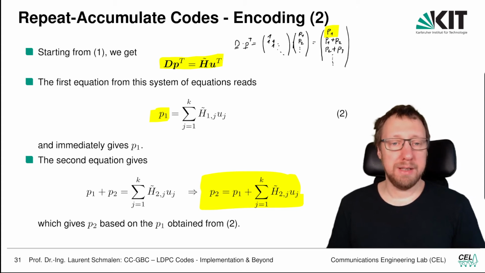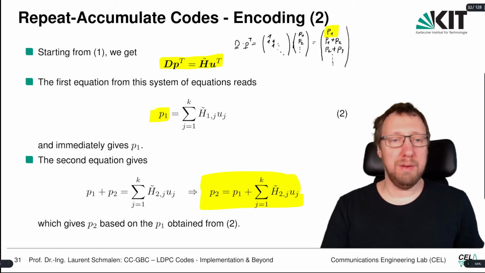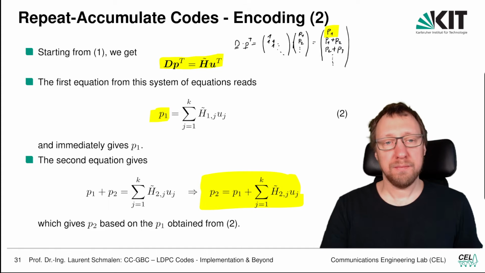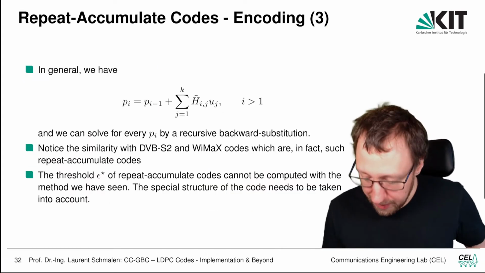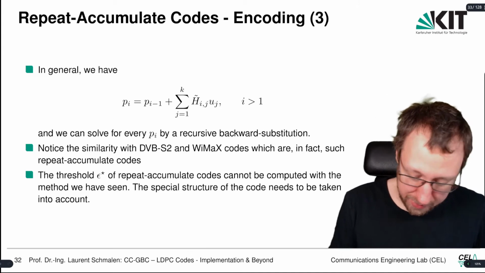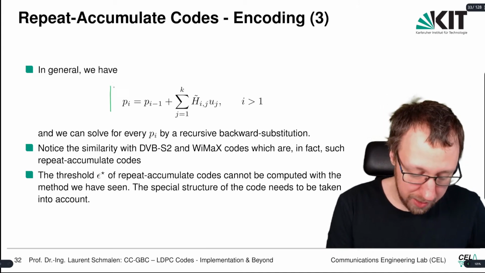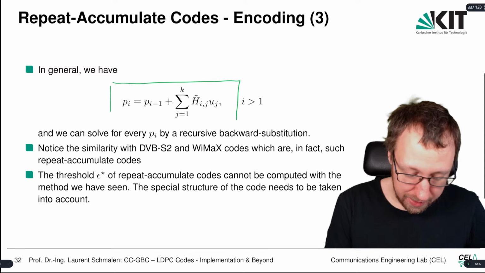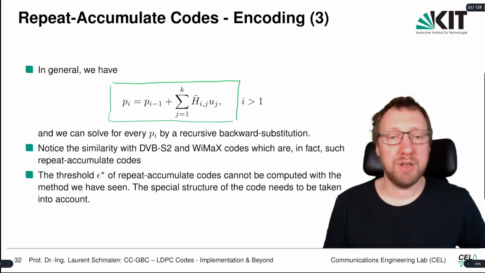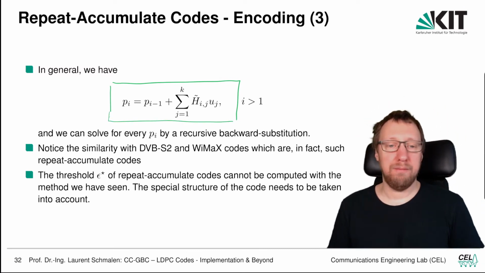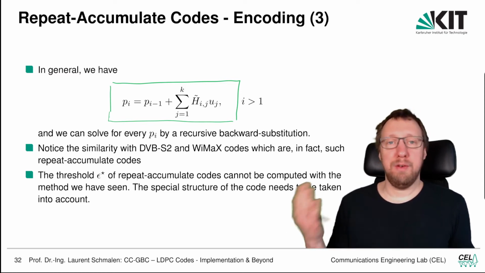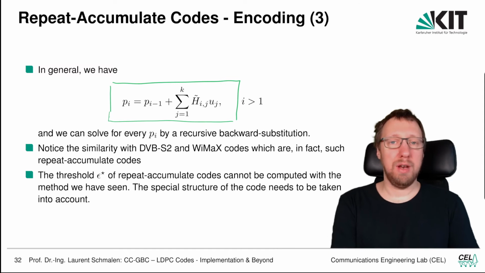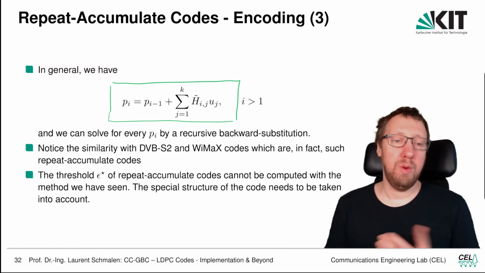A very simple way to get the parity bits and to do the encoding. This is the general case: in general, Pi is Pi minus 1 plus the ith coordinate of H tilde times U. The codes that we have seen, the DVB-S2 code and the WiMAX code, are essentially repeat accumulate codes.